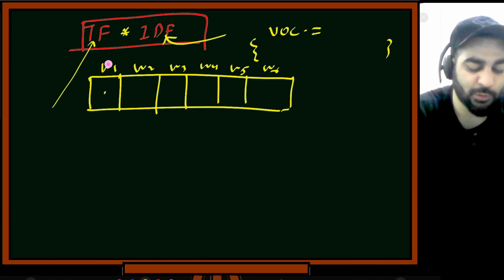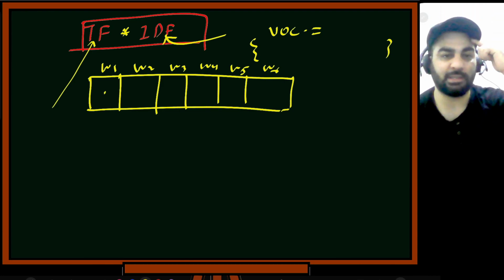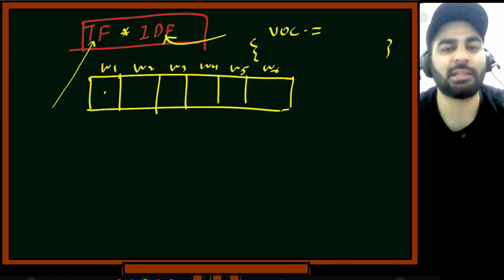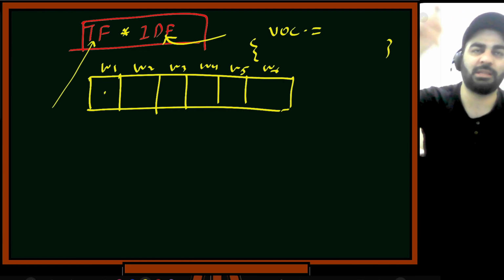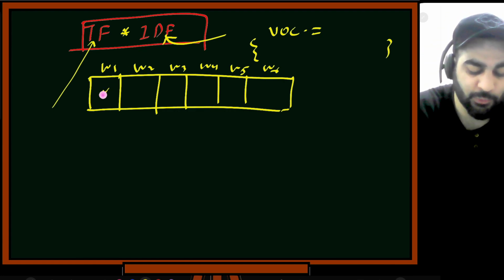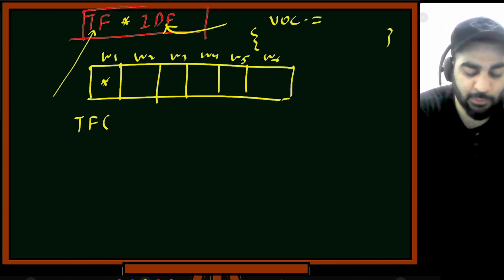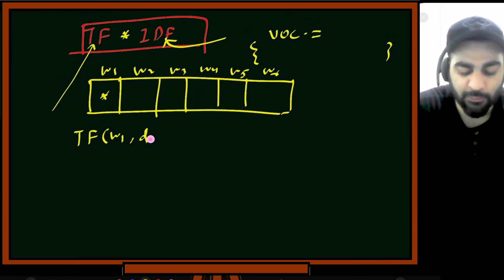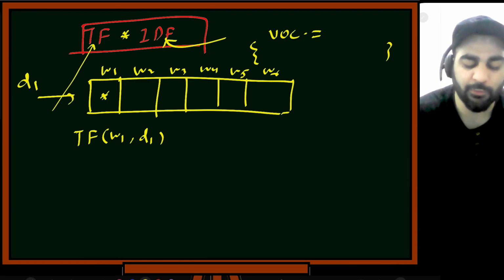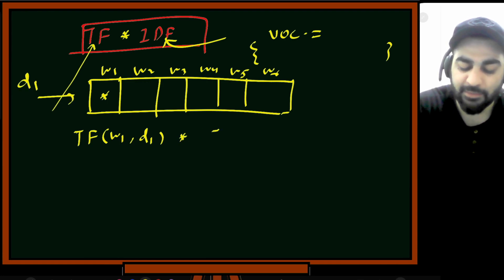For word W1, you multiply its frequency with its inverse document frequency, how rare that word is in the whole corpus, and you put that entry over here. So for W1, you compute TF of W1 corresponding to D1, let's suppose this is the representation of document 1, and multiply it by IDF of W1.